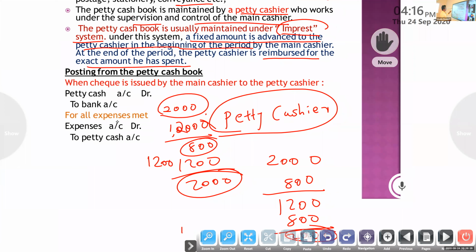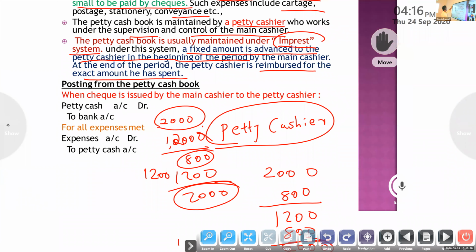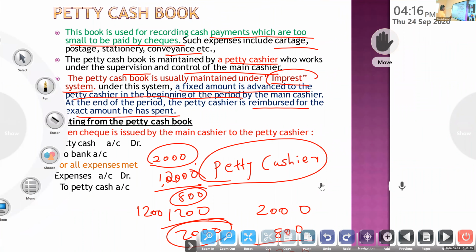A fixed amount is advanced to the petty cashier by the main cashier at the beginning of the period, and at the end the petty cashier is reimbursed for the exact amount he has spent. Every time, at the beginning, he must have that 2,000. If it is 3,000, then 3,000.